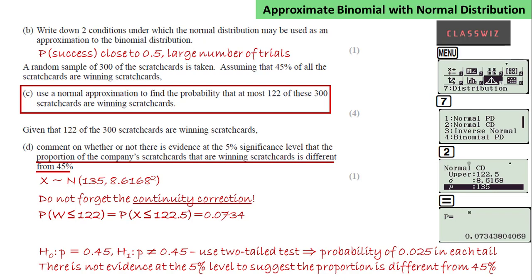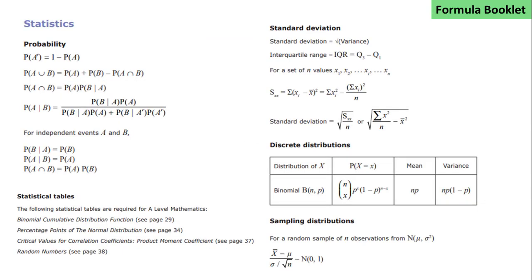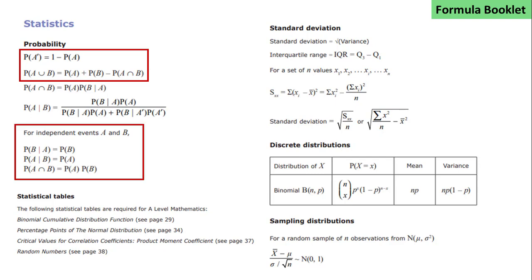Our last slide is just a reminder to make the most of the formula booklet. We use these formulas in the probability questions. When you have independent events, the formula booklet documents the criteria for independent events. The probability of A intersect B is the probability of A times the probability of B. We use the critical values for the correlation coefficients.